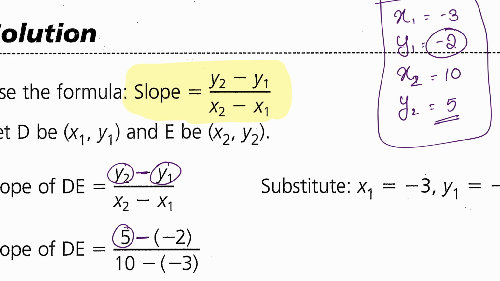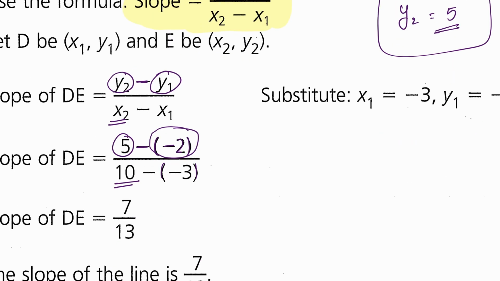If your value is a negative number, write that negative number inside a bracket. So y1 is negative 2. Again, next is x2. x2 is positive 10. Writing it here. Minus x1. x1 is again a negative number, so write that negative number here.